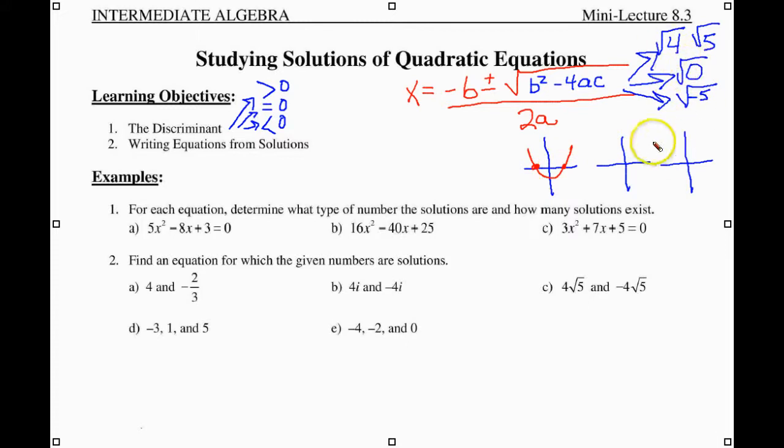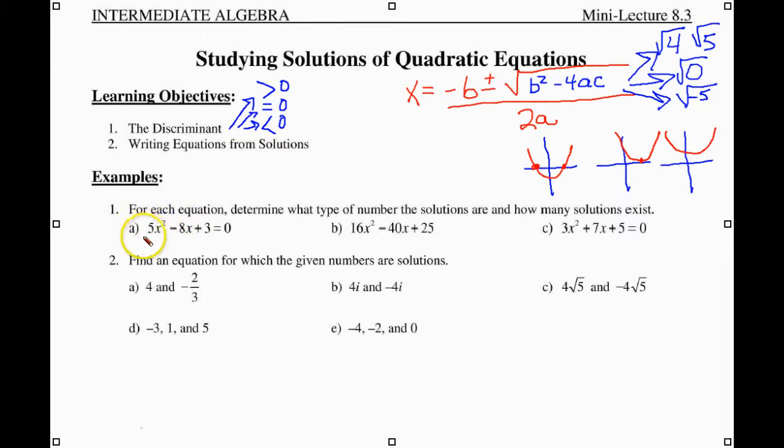If the discriminant is 0, then the parabola looks like so. And I didn't quite get there, but it should touch the x-axis in only one place. That gives you one real number solution. But if it's negative, then the graph looks like this. It never reaches the x-axis.